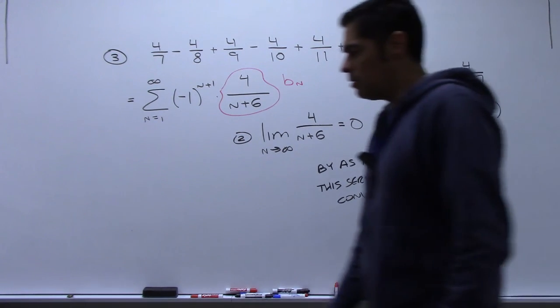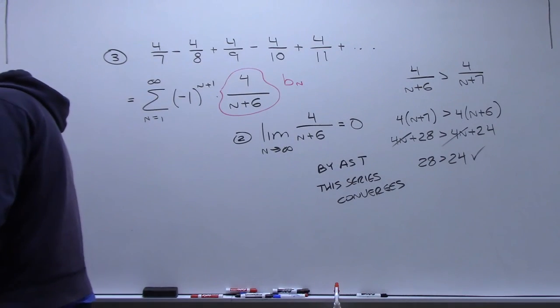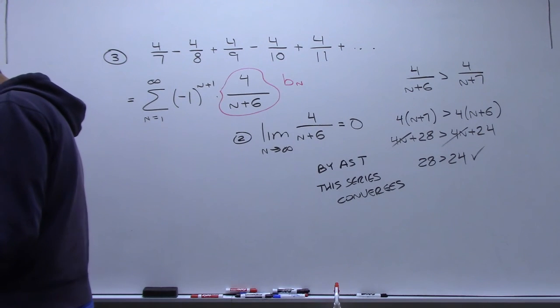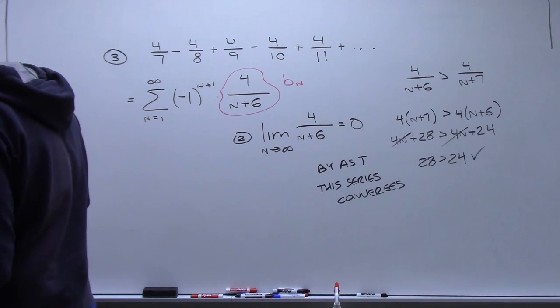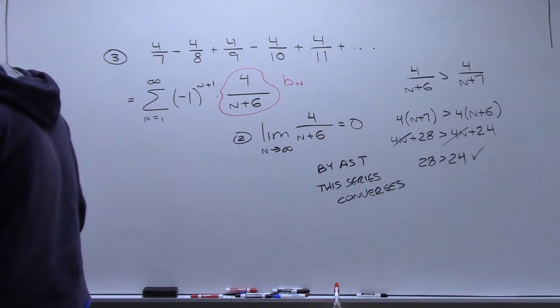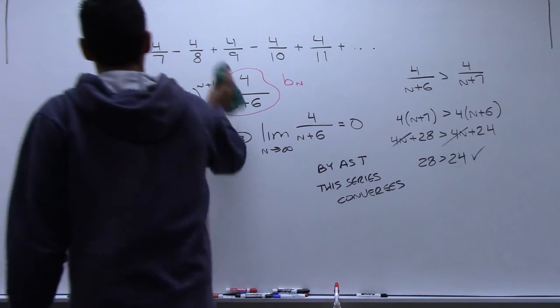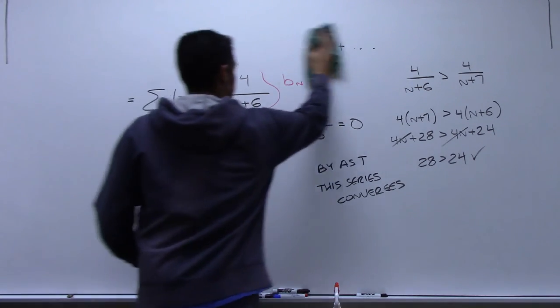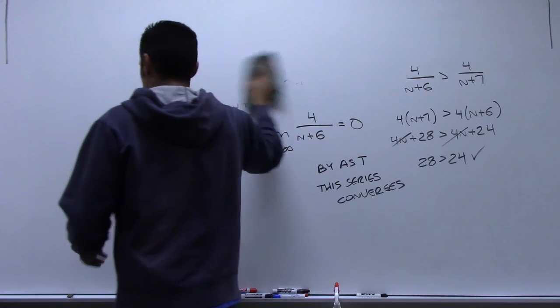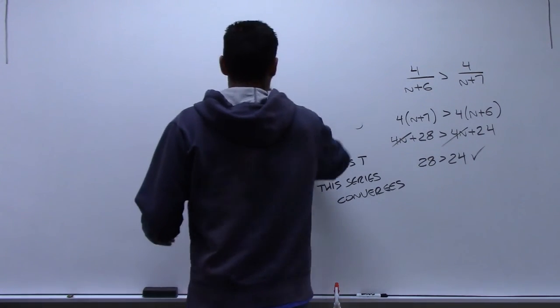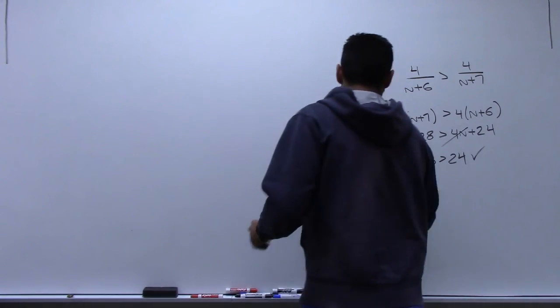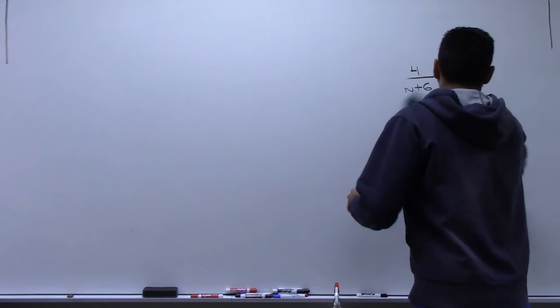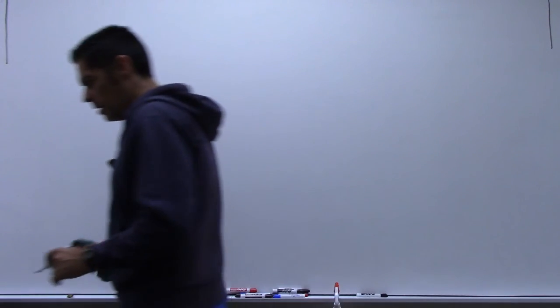All right, let's take a look at number 5. Or sorry, number 4. Number 4 is kind of interesting because something different happens in this series after you get it into the sigma notation. Let's just set it up here real quick.